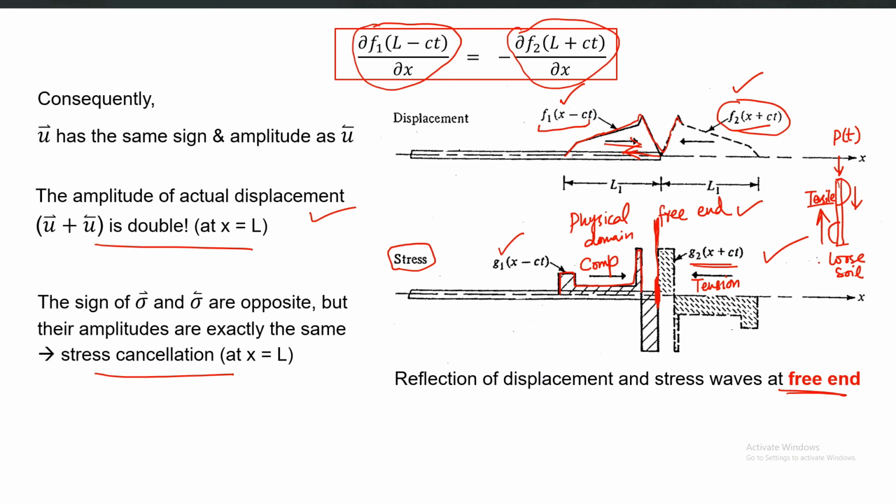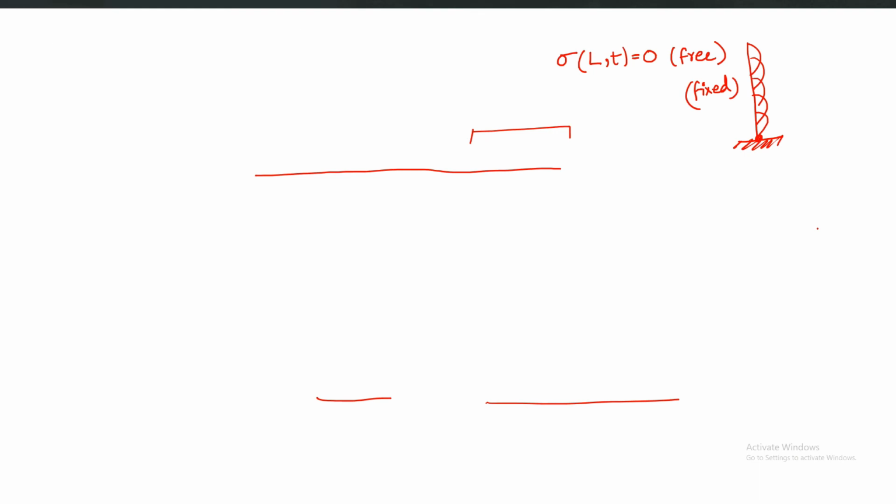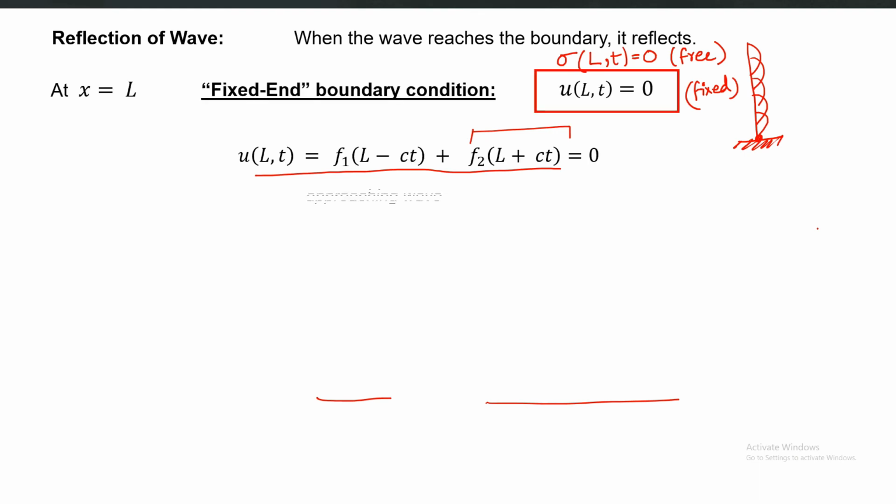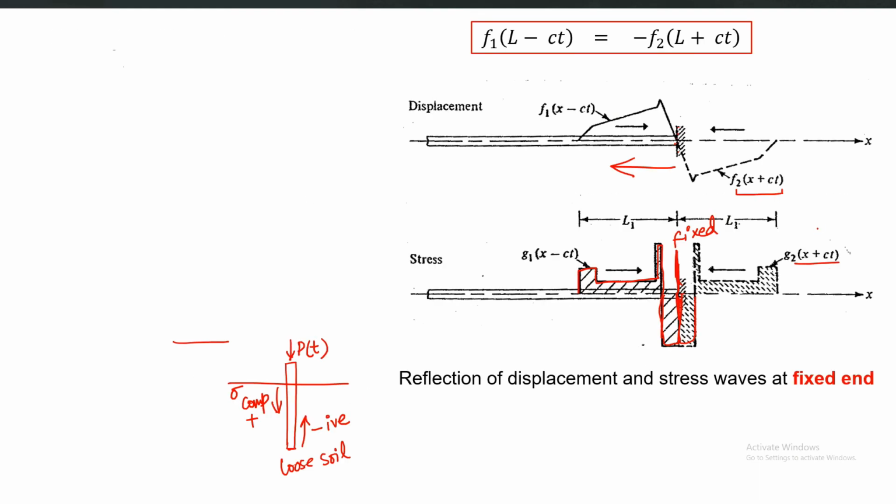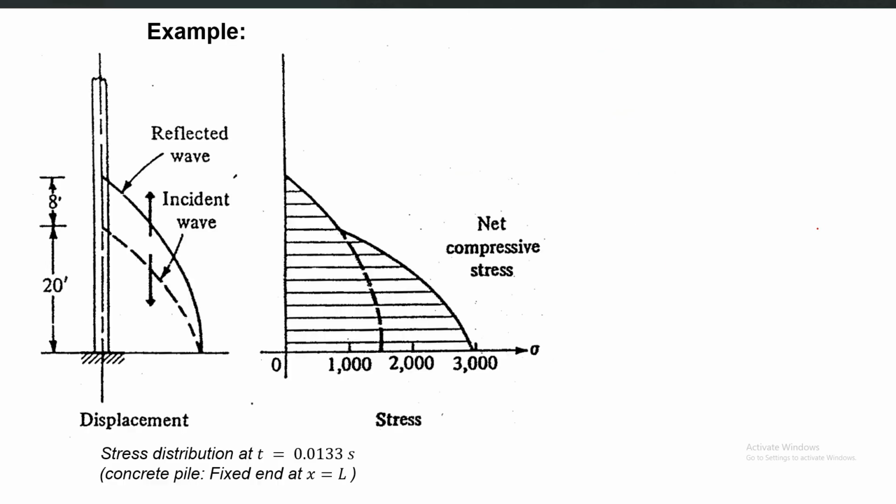Some people may not understand this, but they may think that we are simply applying a compressive force and the pile is still cracking. The reason the pile is cracking is because of the reflected wave, which now becomes a tensile stress. That's why the pile may still crack even if you are applying a compressive impulse loading. So this is one example.